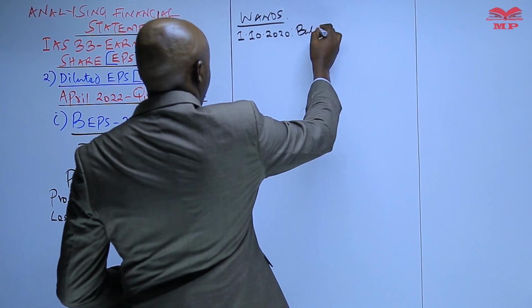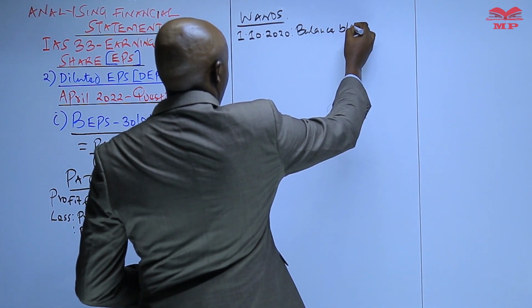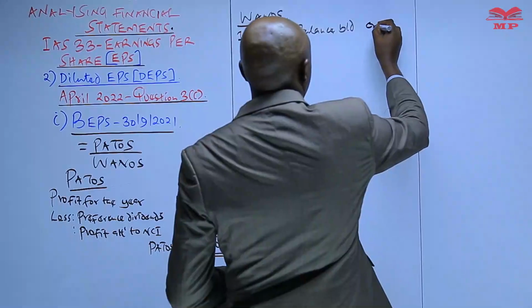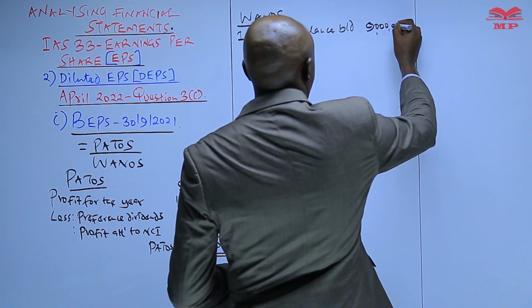We have that information in the first paragraph, and we are told this company at the start of the year had 9 million ordinary shares. So the ordinary shares issued by the company at the start of the year were 9 million.